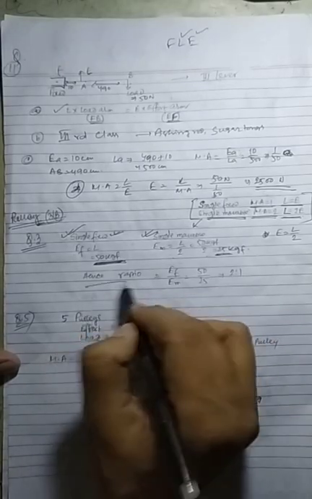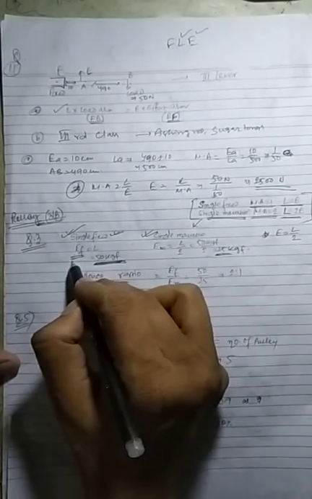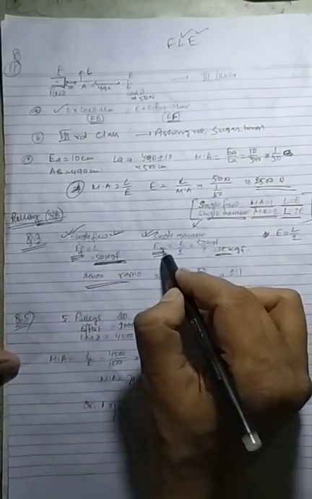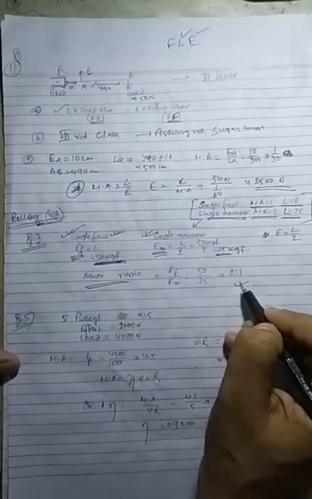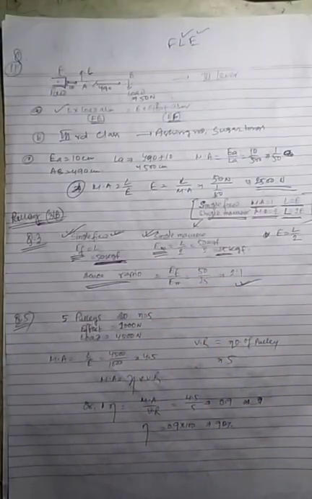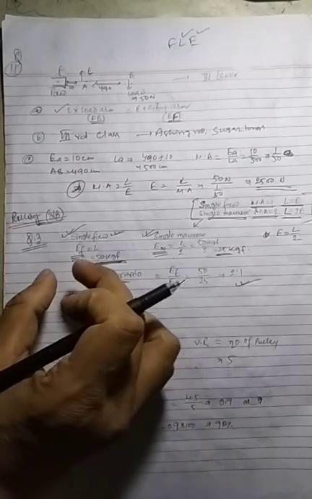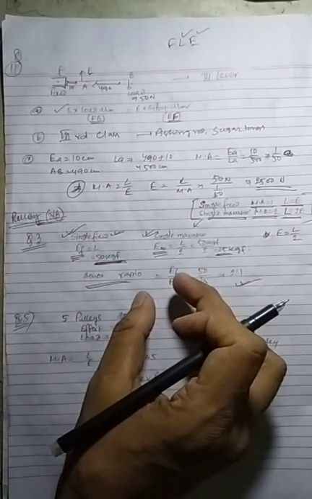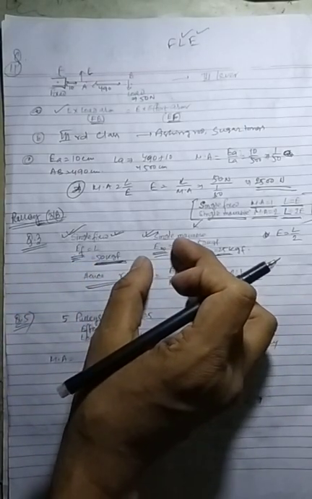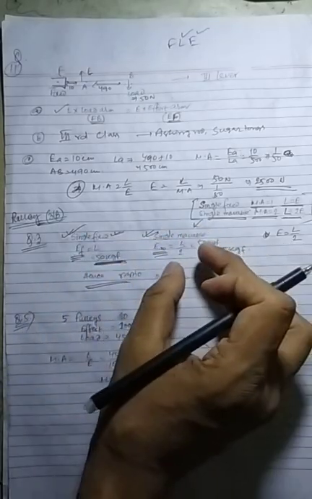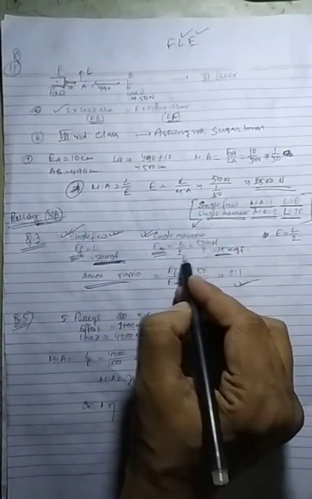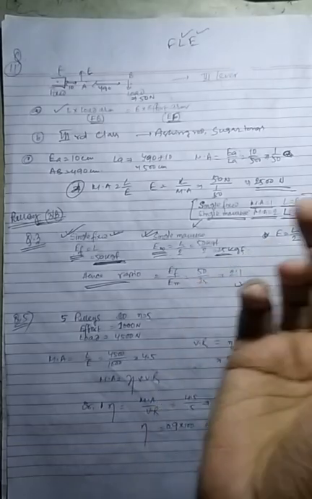So the ratio of effort, fixed to movable, will be 2:1. I think you understand. Here double effort is needed, which means with the same effort it will carry only half the load, only 25 kgf.